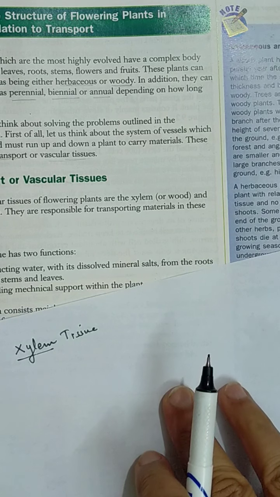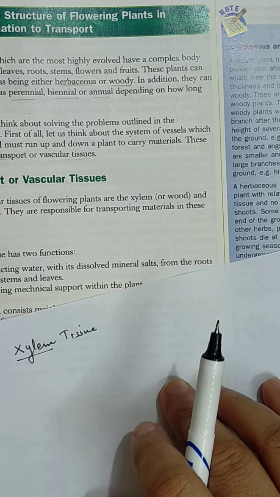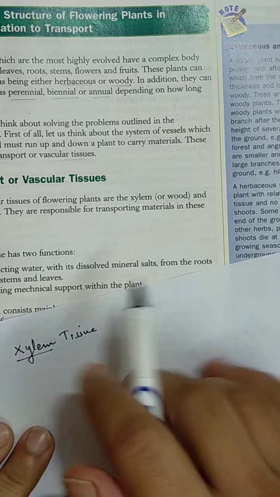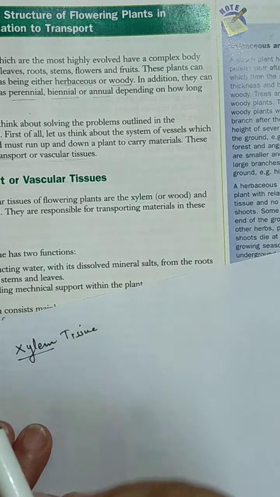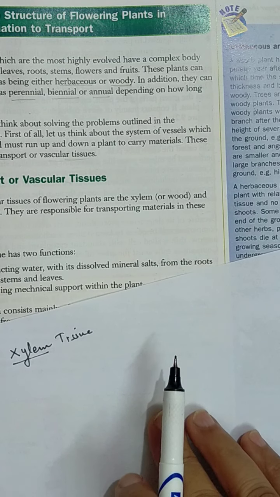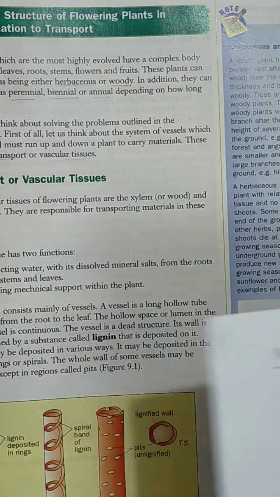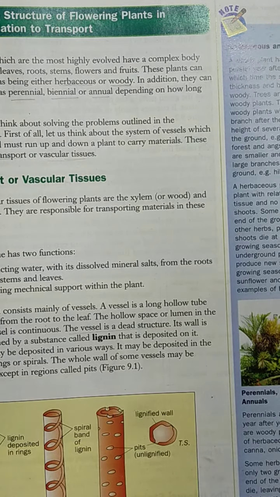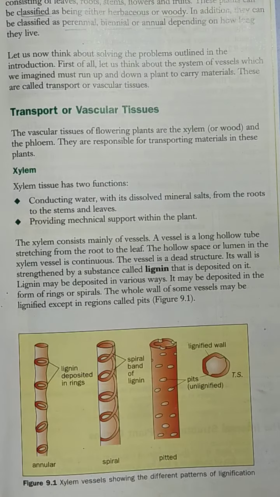As in the animal body the skeleton provides mechanical support, in the plant body the vascular tissue, consisting of xylem and phloem, provides mechanical support or strength.